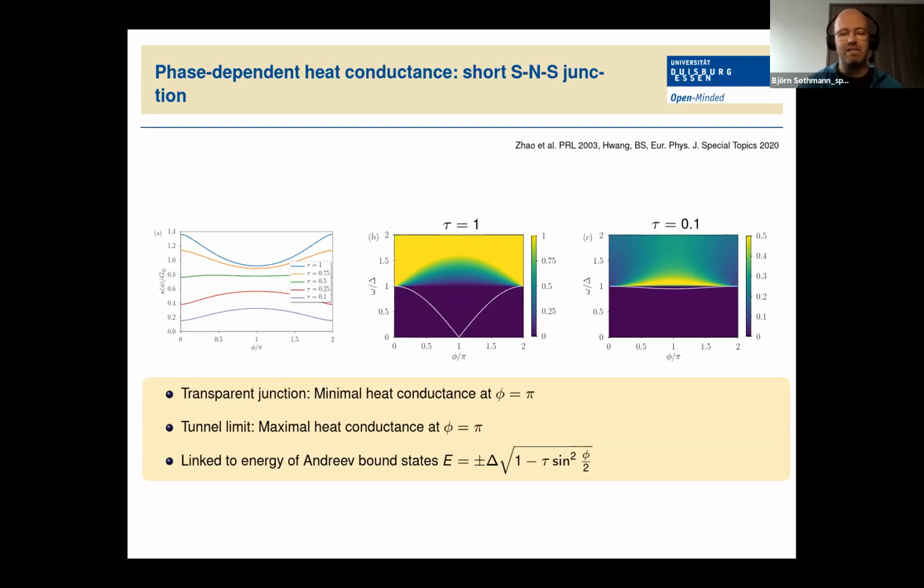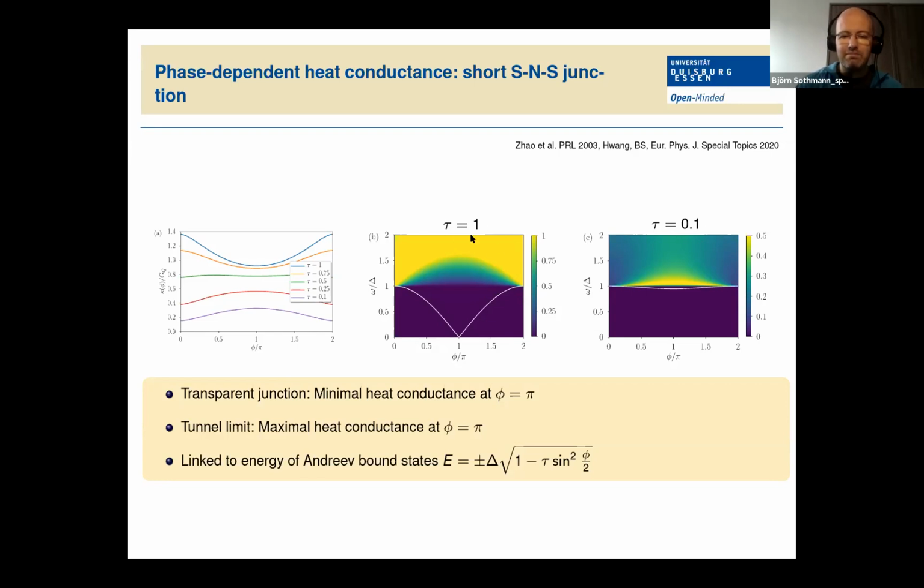Now, how can we understand this? Well, it turns out that the behavior of the thermal conductance is closely linked to the energy of the Andreev bound states that live inside the superconducting gap. How does it work? Let's look at the transmission function, which is plotted here as a function of energy and phase difference for the transparent case and the tunneling limit.